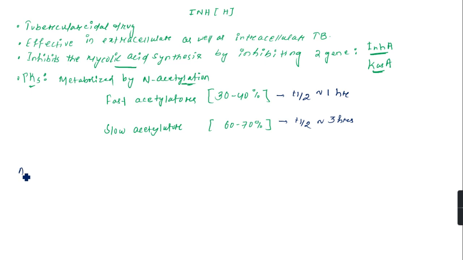Then come to its adverse effects. Its adverse effects are very important. The topmost adverse effect is peripheral neuritis, and hepatitis. Hepatitis is due to hepatotoxicity, that is the destruction of the hepatocytes of the liver.